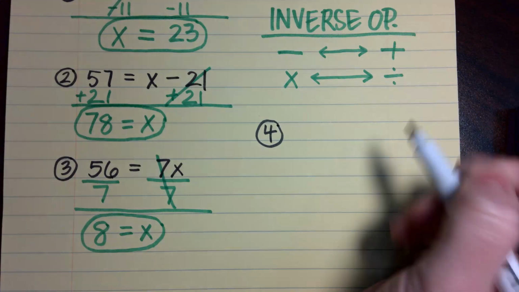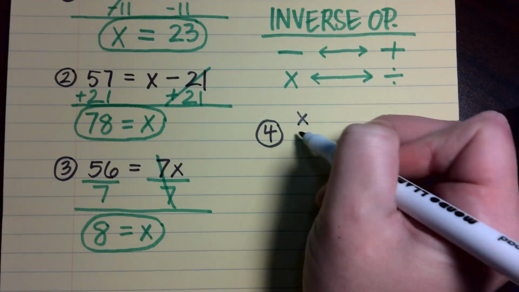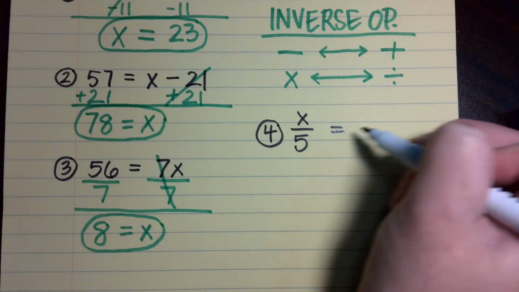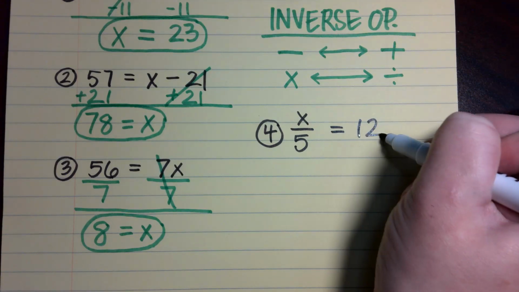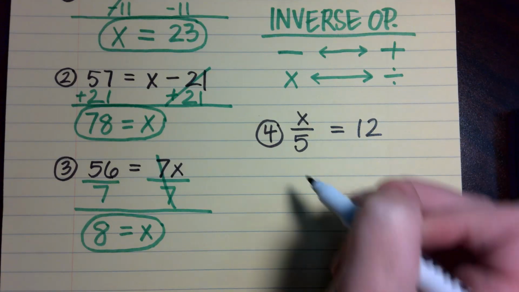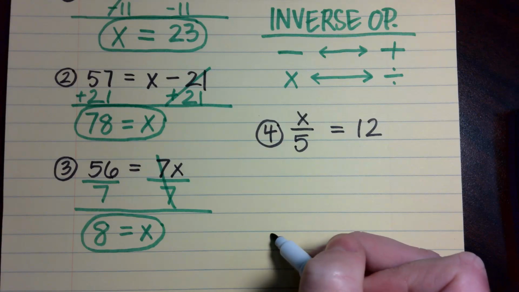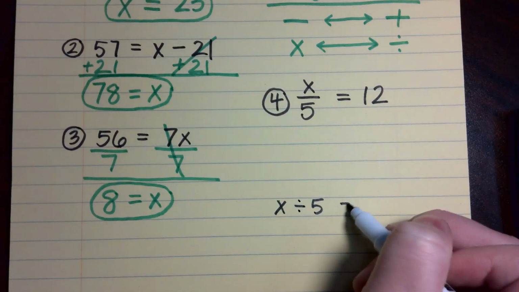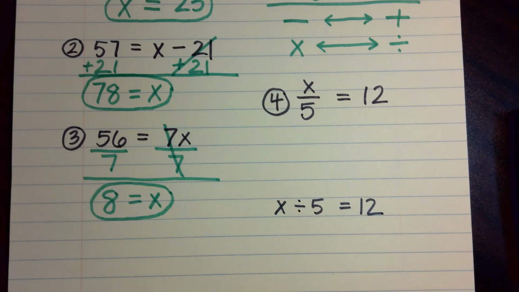All right, for number 4, we had x divided by 5 equals 12. Now, I think on the screen, yours might have been written as x over 5 equals 12. Okay, gotcha.